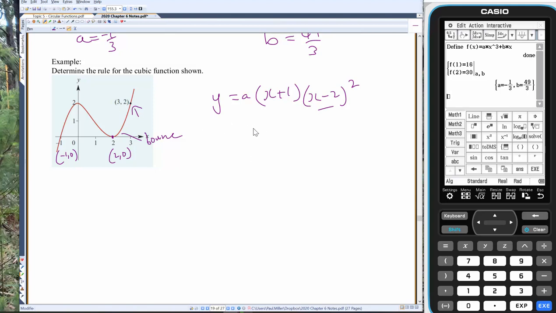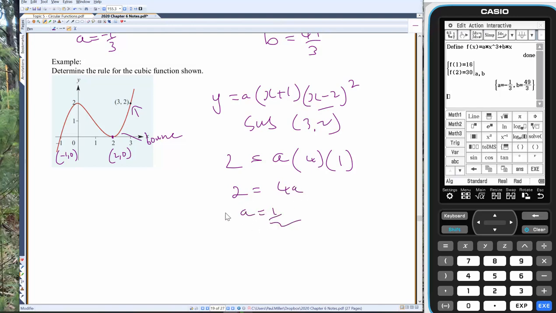So now let's sub in (3, 2). Okay, so a is equal to a half, therefore our function is y equals a half (x + 1)(x - 2) squared.